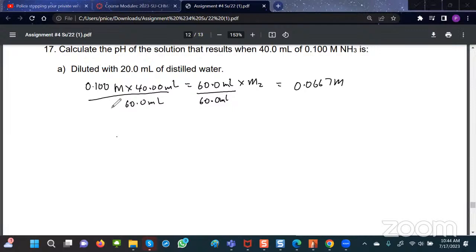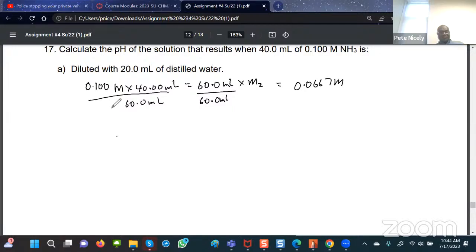Would you set up an ice table with the new concentration? Okay, so what would be the equation under which you're going to set up the ice table? Because you have to make sure you get that down first before you have the actual ice table.